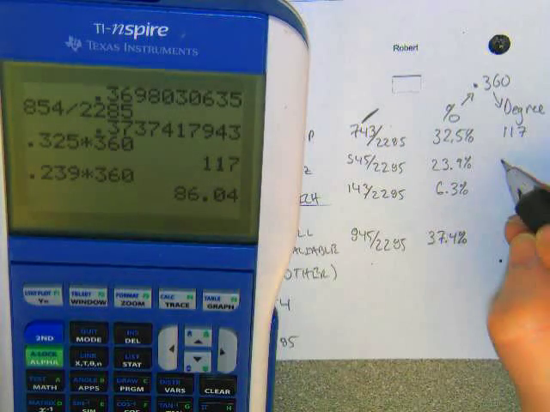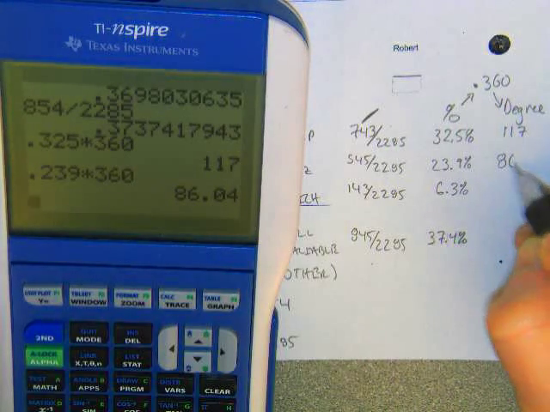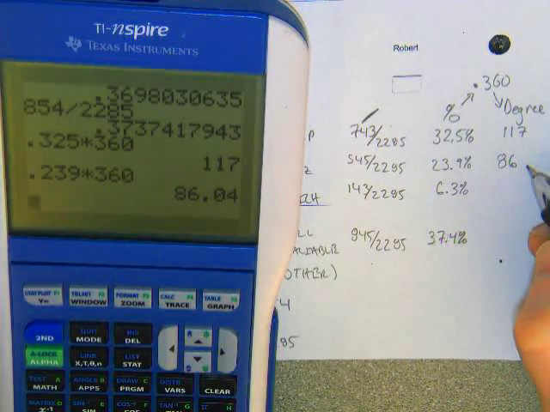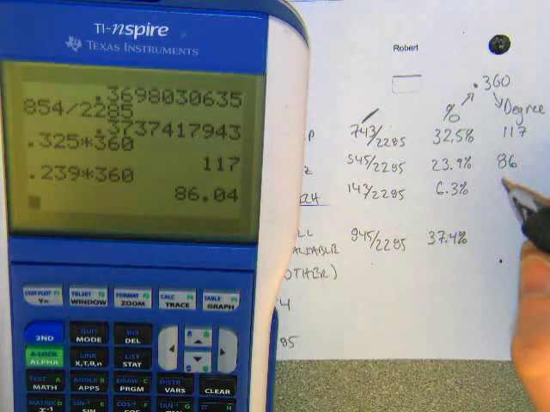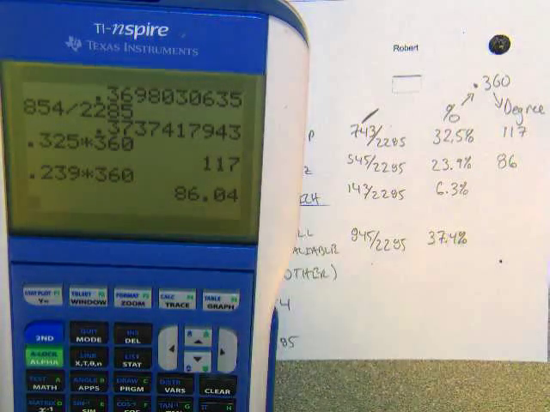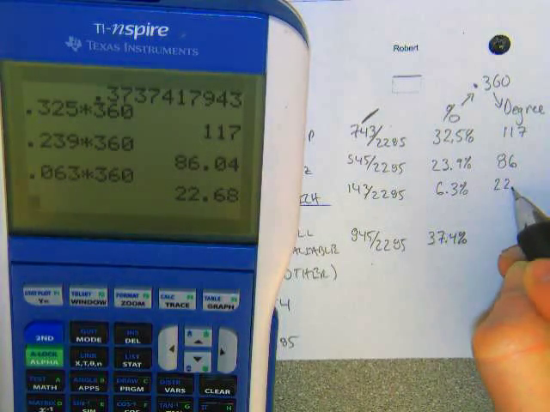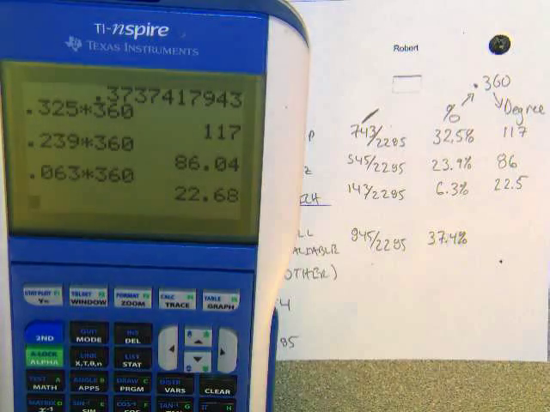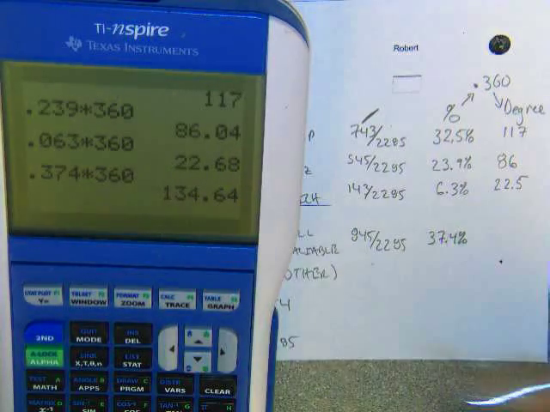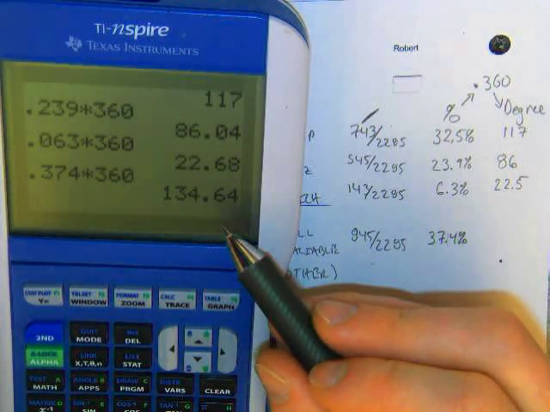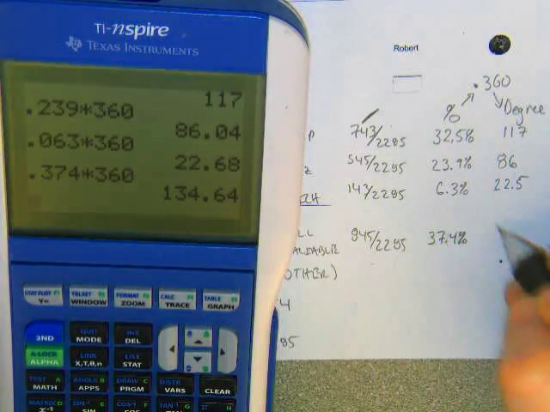I'm just going to round to the half a degree, so that'll round down to 86. And then 0.063 times 360 is 22.5, and then 0.374 times 360, and I'll round that to the half as well, 134 point.